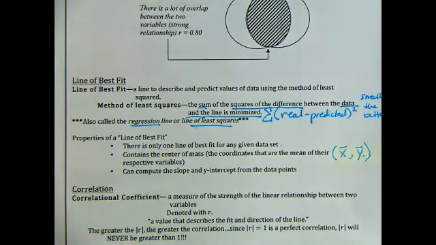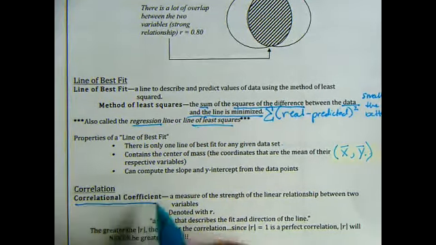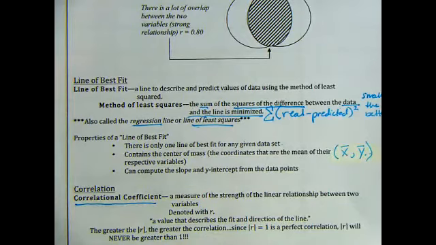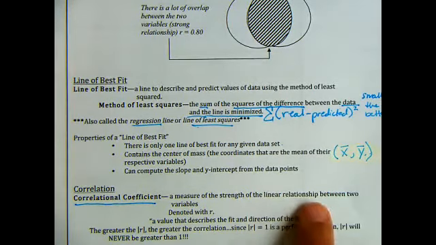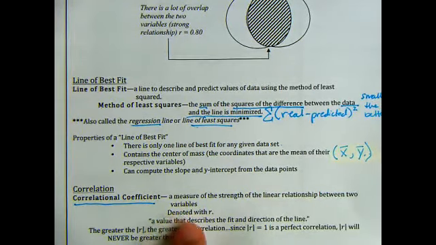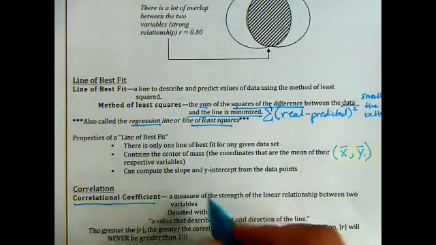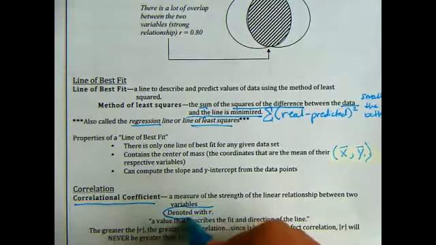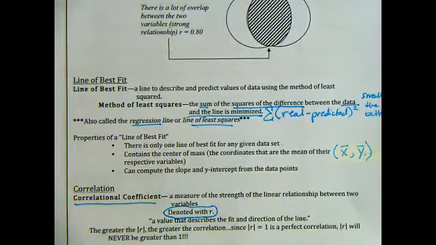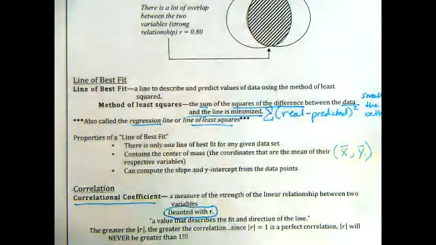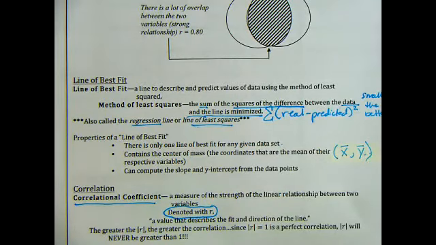So let's take a look here. Correlation coefficient. The correlational coefficient is a measure of the strength of the linear relationship between two variables. It is denoted with R. Okay? And we kind of already know that from our 2.2 where we were looking at a visual correlational coefficient.